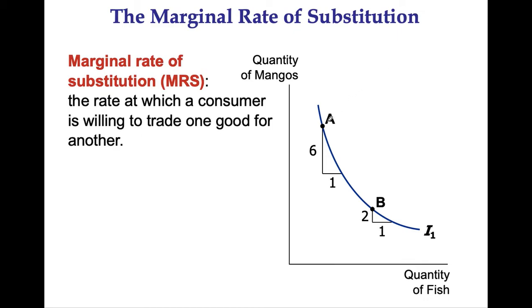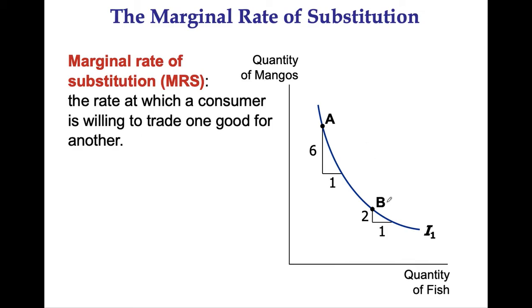If the consumer is at A, he is willing to give up 6 mangoes to get 1 fish. So at A, his MRS is 6.